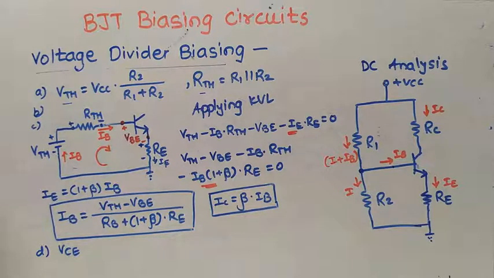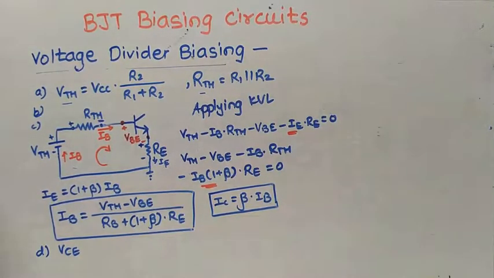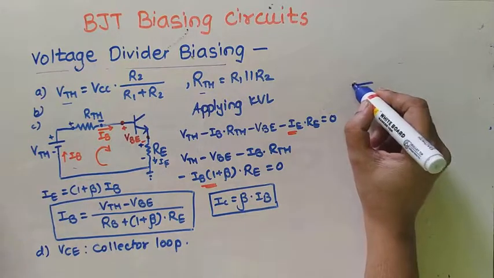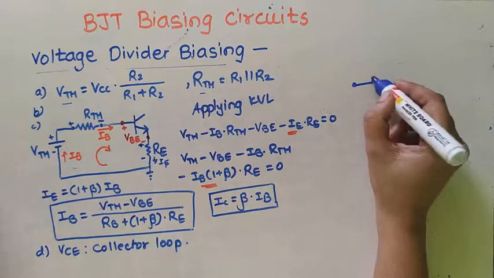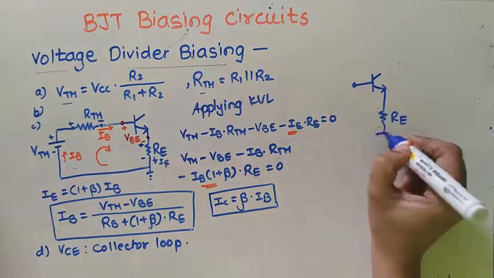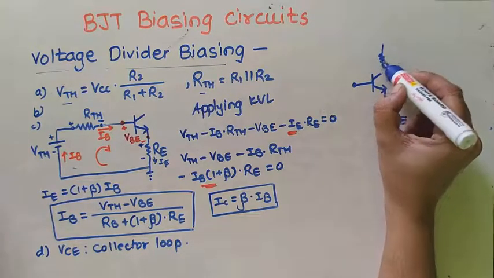So I'll write down here only. For calculation of VCE, we'll consider the collector loop, and I'll draw the collector loop here. I will not draw the input side, I will draw the output side only. So this is RE, it is grounded. This one is RC.